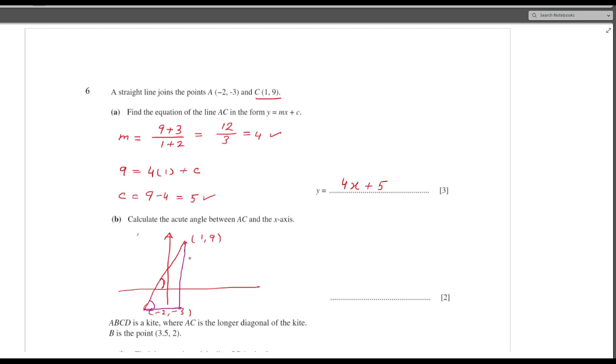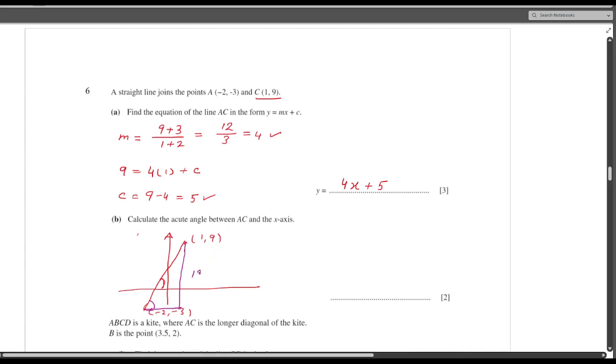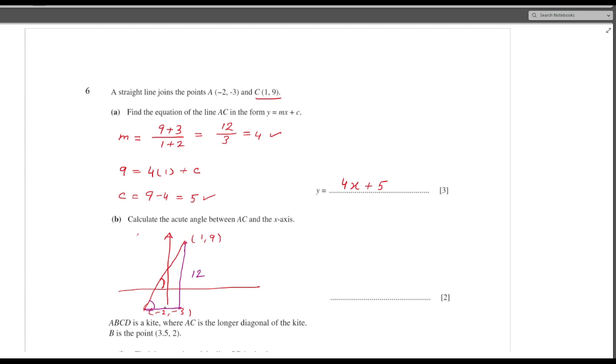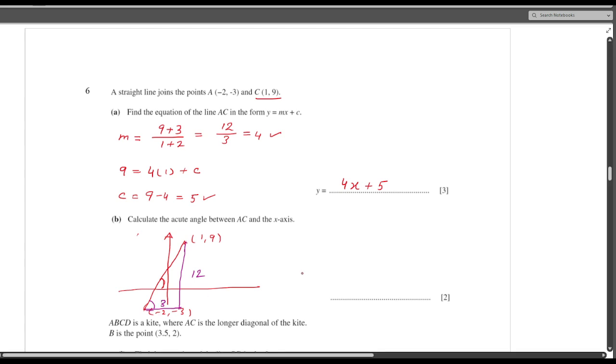Now if I take the difference of y, which is 12, and here if I take the difference of x, which is 1 minus of -2, which is 3. Okay, so here you can see that you get a triangle like this, where this is 12, this is 3, and this is what you have to find out.